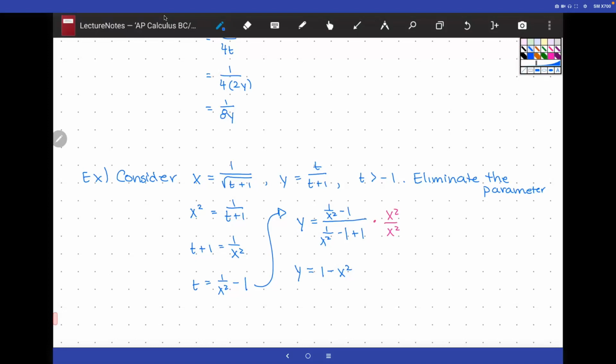Right, x can be anything. You can take any number and square it. Up here, was there any kind of domain restriction? Yes. What was our domain restriction here? Yeah, we have that t is greater than negative 1, which is going to keep this radical positive. But that's also going to keep x positive, right? X is greater than 0.